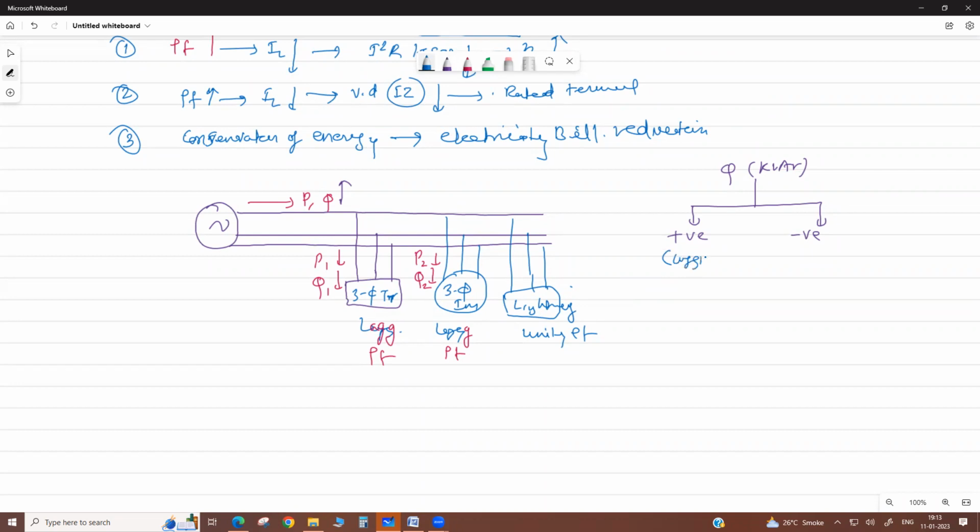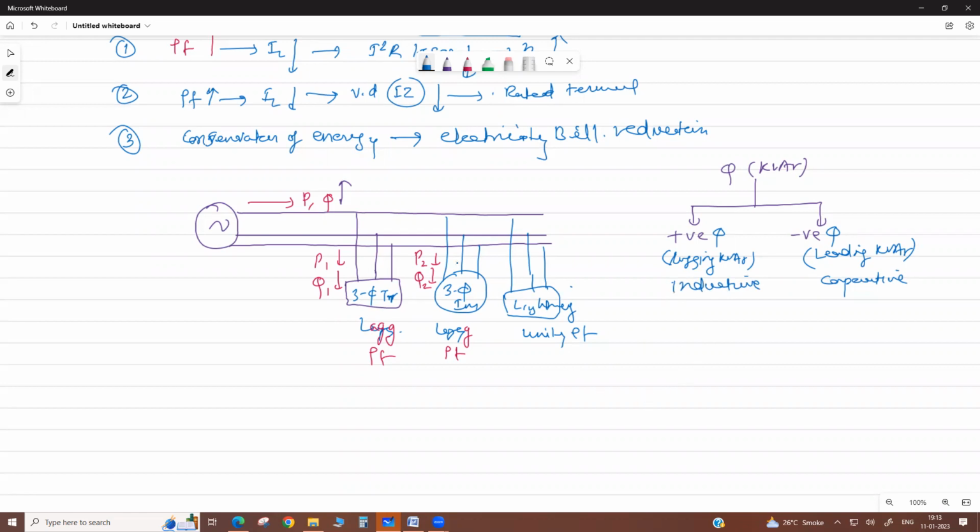Negative is leading, and it is due to capacitive loads.